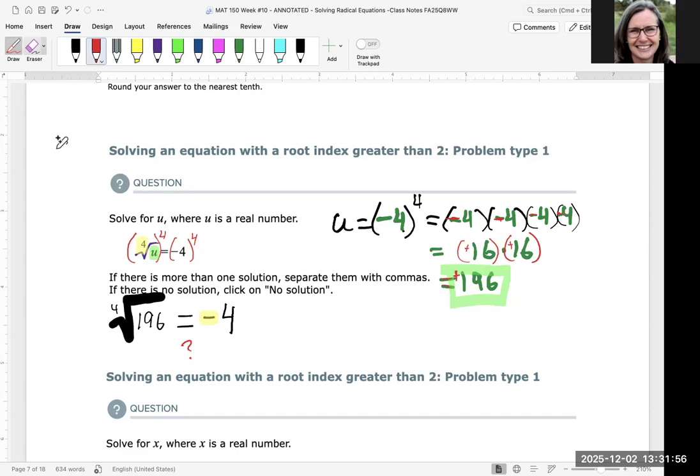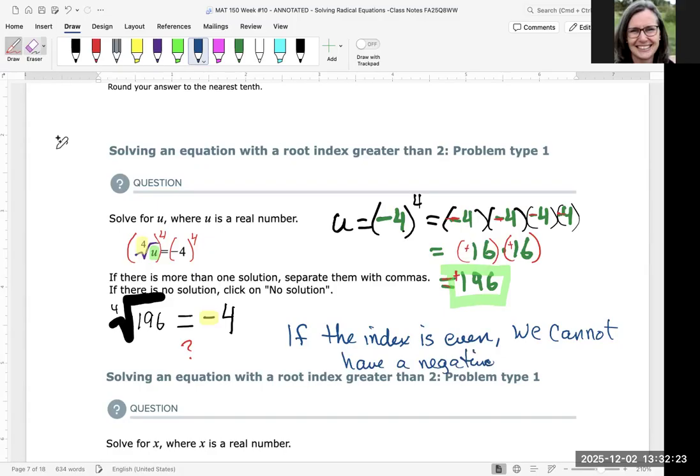Because this index is even, I cannot have a negative answer. If the index is even, we cannot have a negative output.